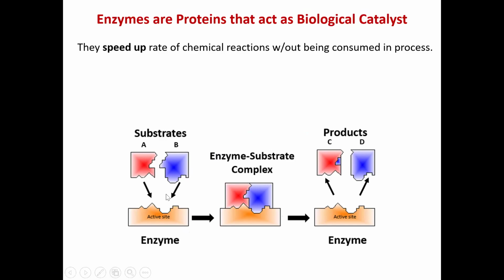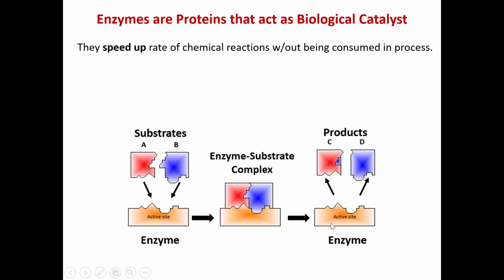So in the enzyme, you have a region where the substrates will come and bind, and then the catalysis will occur. But before that, when the substrates A and B bind to the active site of the enzyme, they have a shape that can fit into the active site, and they form what we call the enzyme-substrate complex.